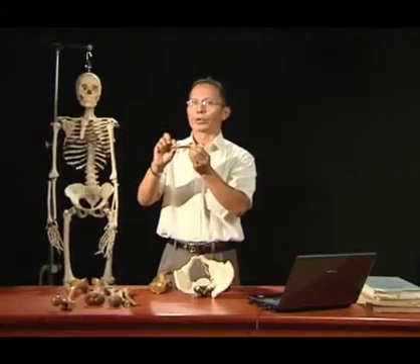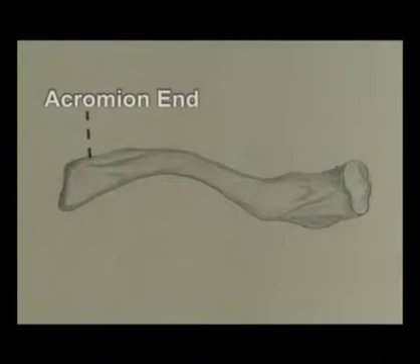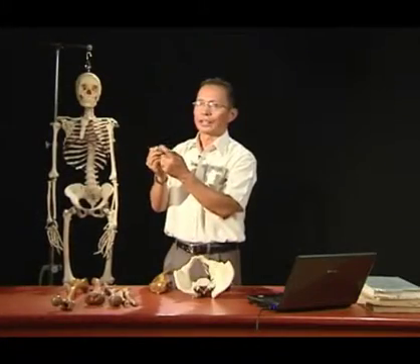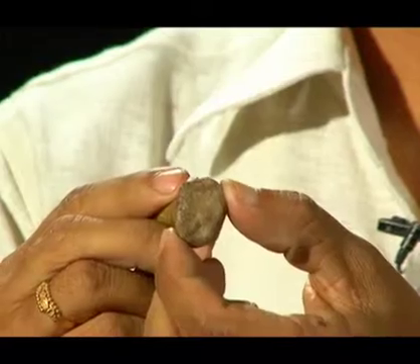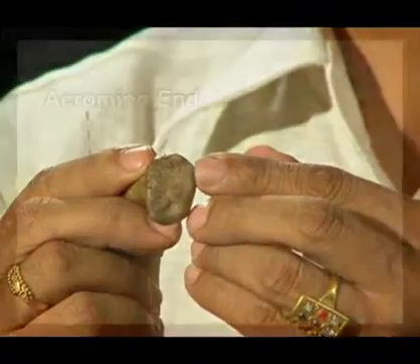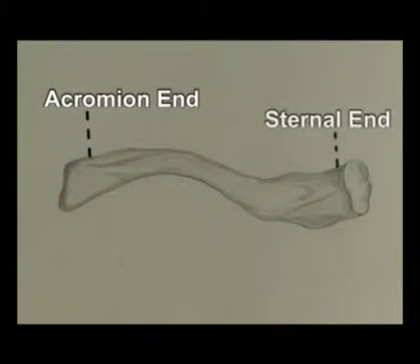This extremity having a somewhat flattened surface is called the acromion end, whereas the other side is more or less quadrangular. So this quadrangular shaped extremity is called the sternal end.